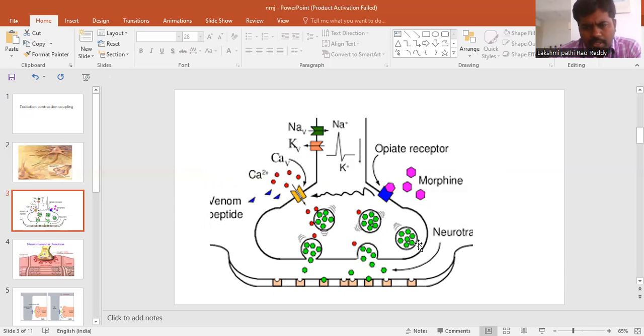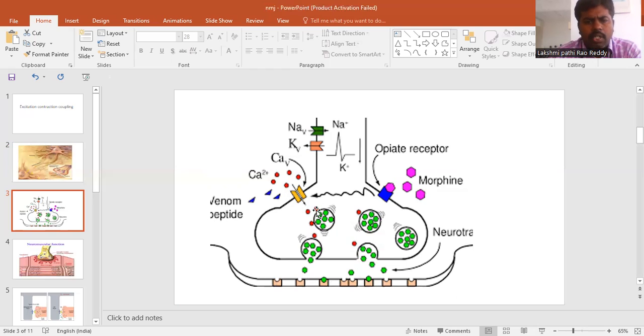See, this part we are discussing is the presynaptic membrane, and this is the postsynaptic membrane. On the postsynaptic membrane, we see various receptors. The green dots are neurotransmitters, which are stored in the vesicles.